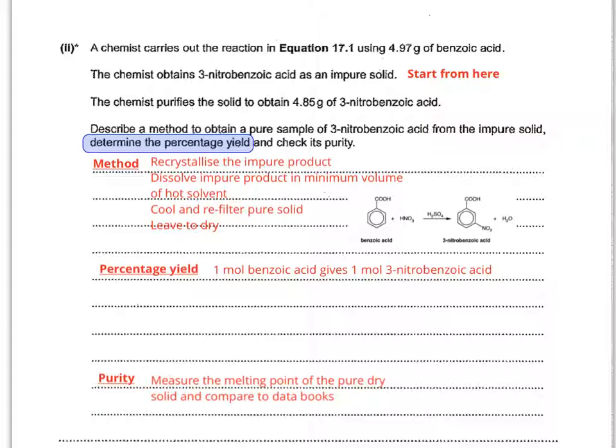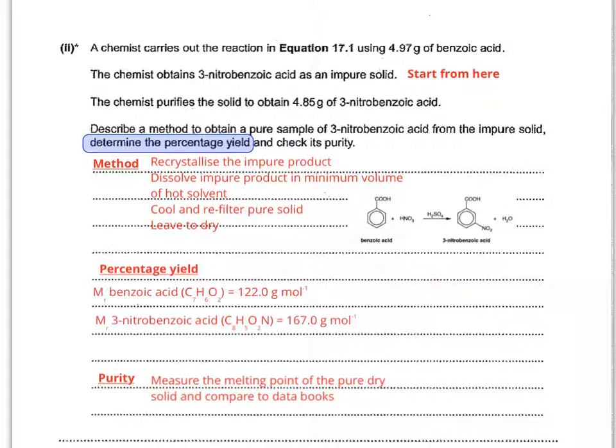So I've just taken a copy of the previous page's equation, so you can see that 1 mole of benzoic acid gives 1 mole of 3-nitrobenzoic acid. So you need to work out the Mr of each of your compounds.